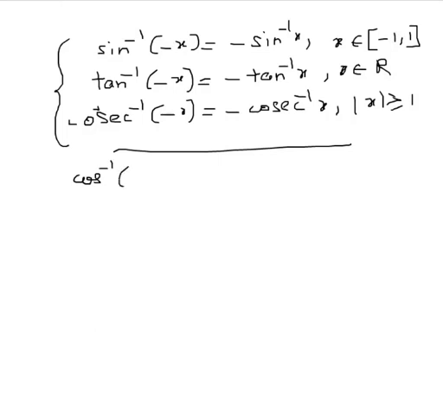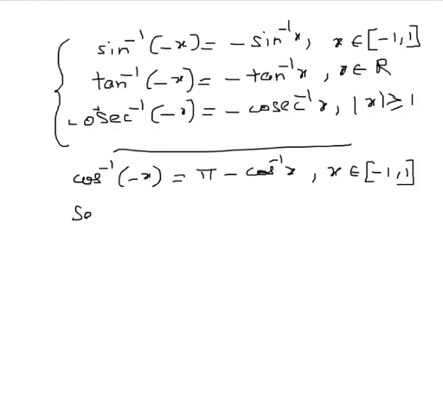Now for cos inverse of minus x, if the value is negative, it is going to be a second quadrant angle. For positive values, we write the first quadrant angle. For negative values, we write the second quadrant angle. So pi minus cos inverse of x, for x belonging to the closed interval minus 1, 1.